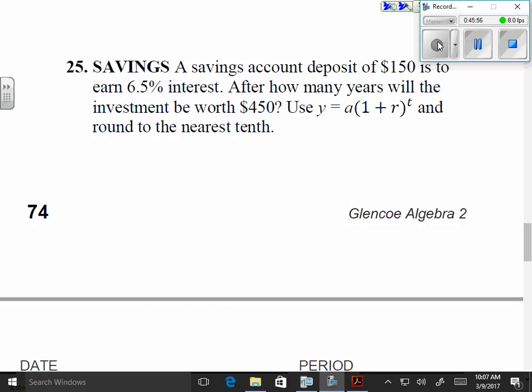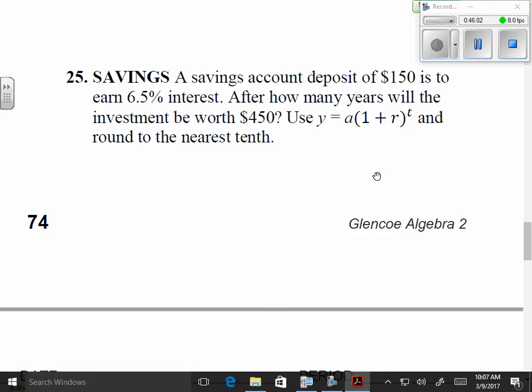Number 25, a savings account deposit of $150 is going to earn 6.5% interest. After how many years will the investment be worth $450? Use y equals a times 1 plus r to the t and round to the 10th.